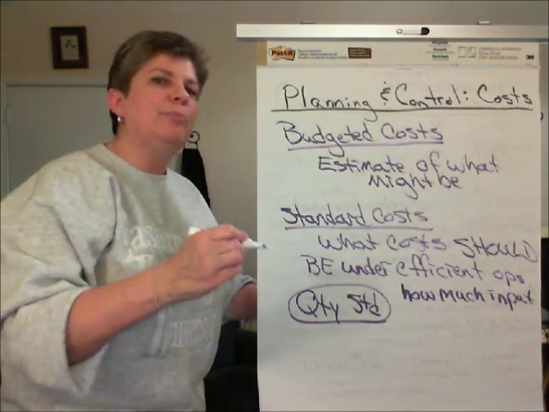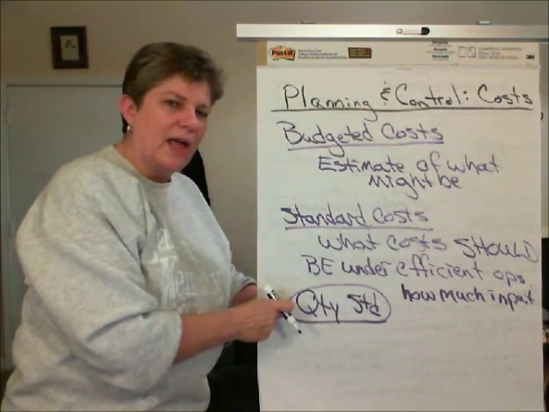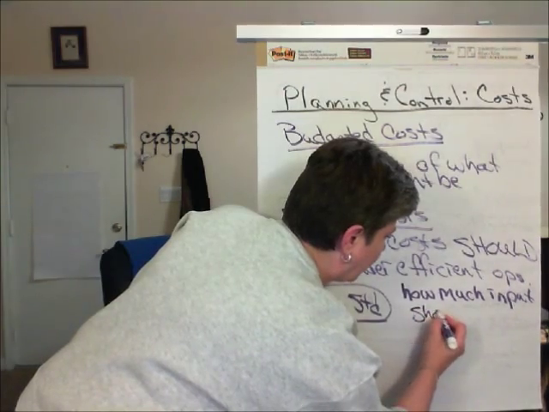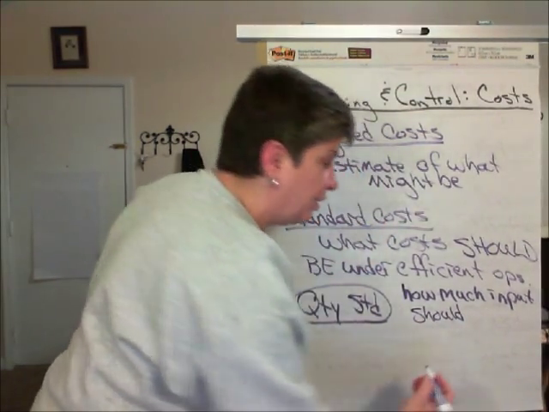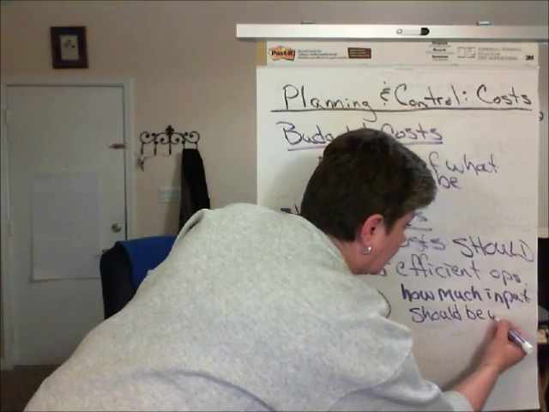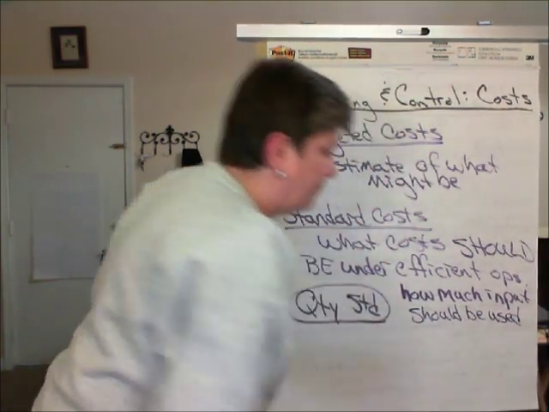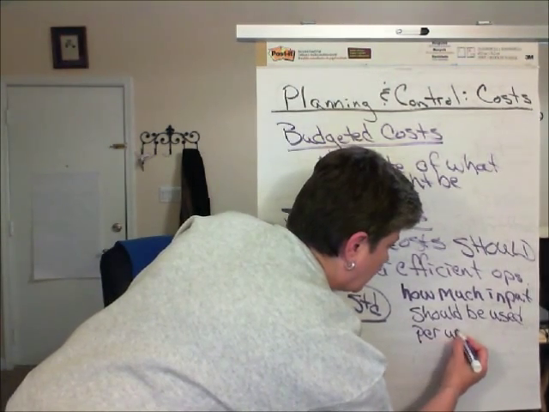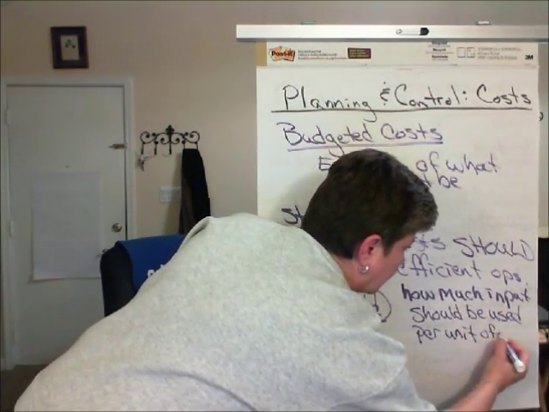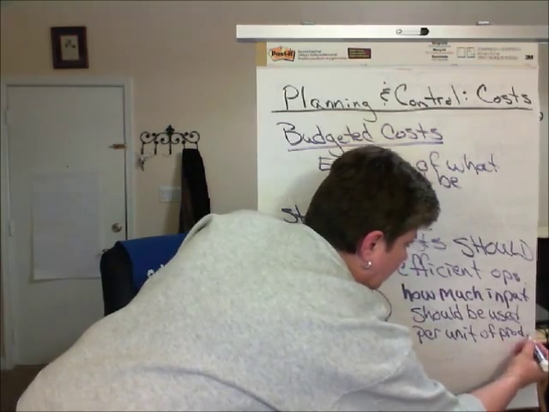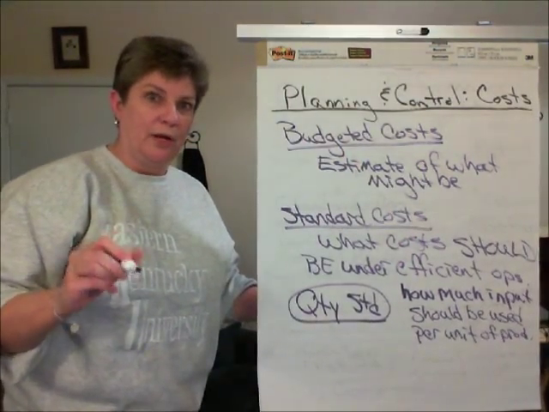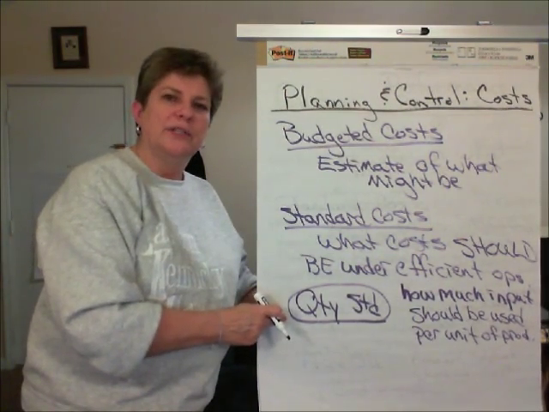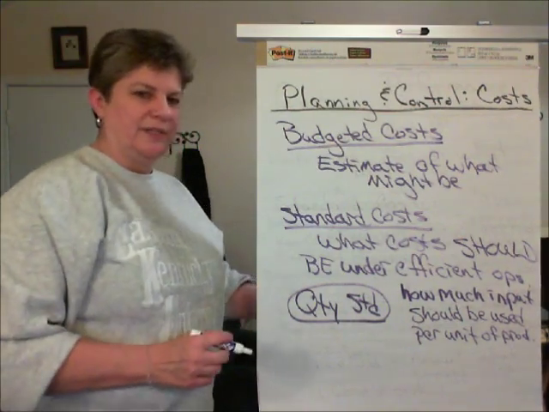So the input quantity standard, how much of the input should it take or should be used per unit of product? Per unit of finished product, one completed unit. So part of the standard cost is the quantity standard, the input quantity standard.